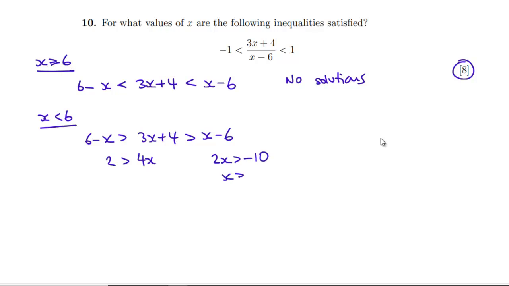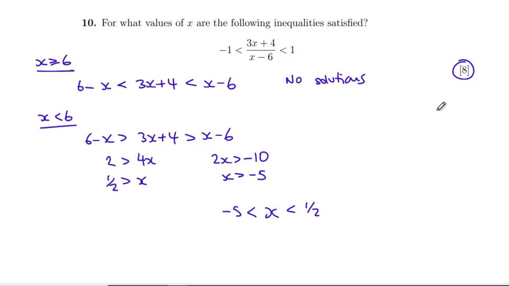So x needs to be greater than minus 5, and x needs to be less than a half. Okay, there we go. So x is between minus 5 and a half. Yeah, that was really, really quick for 8 marks.